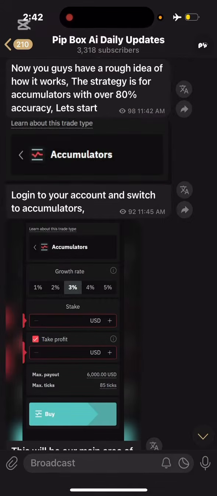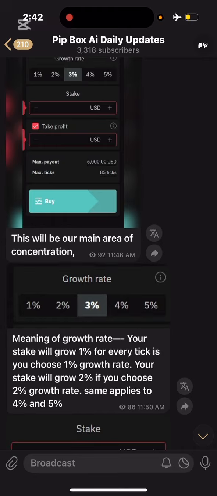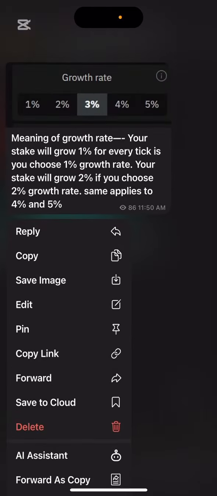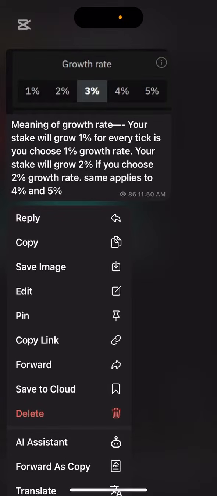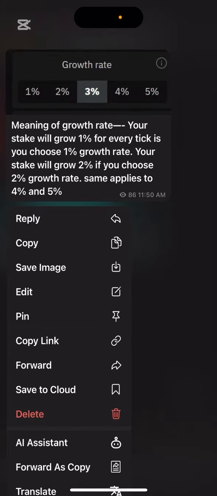Okay, now for the growth rate, you can see we have a growth rate of 1%, 2%, 3%, 4%, and 5%. Growth rate means that every single time you place a trade, your stake balance is gonna grow with the growth rate that you have chosen.